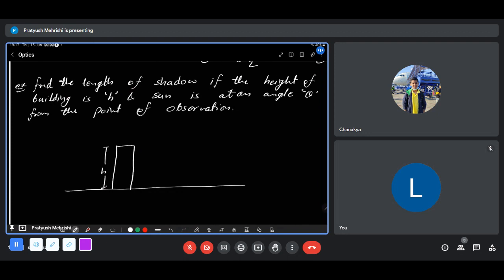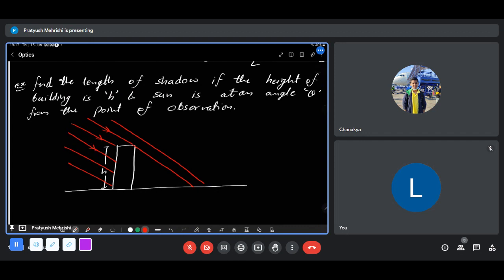Sun rays are coming in this direction. It is given to us that the sun rays are coming at an angle theta. This is angle theta.